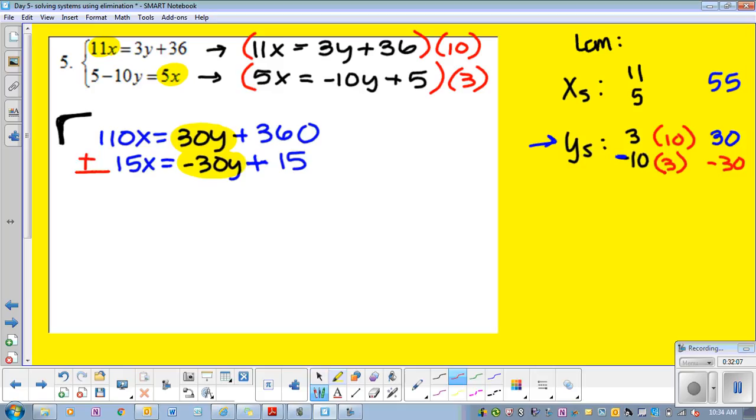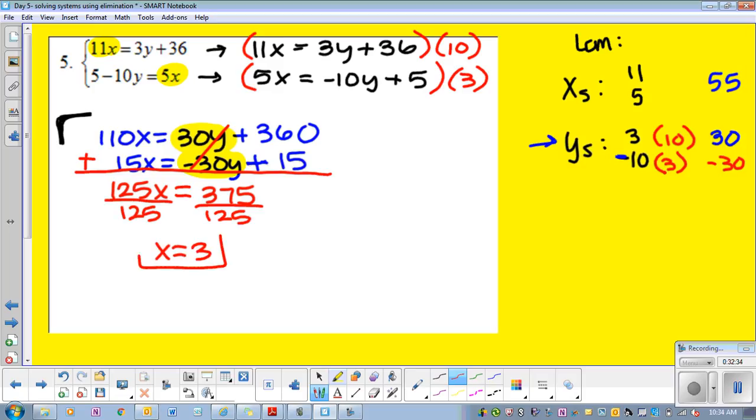Okay, so then let's add them. Now what? How am I going to solve for this x? Yeah, divide it by 125 and we get 3. Good. Okay, so now I have 3.